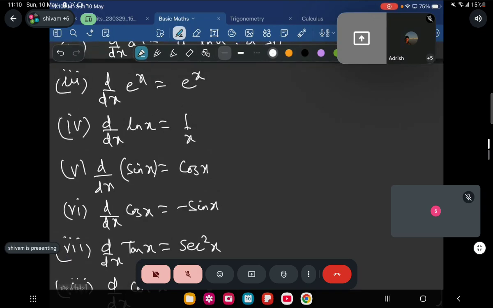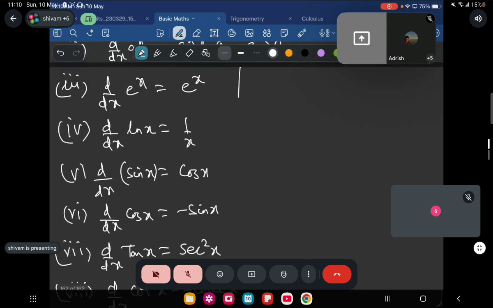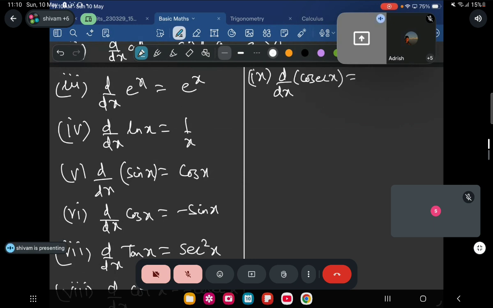Okay. Number 9. dy dx of cosec x will be equal to minus cosec x cot x.